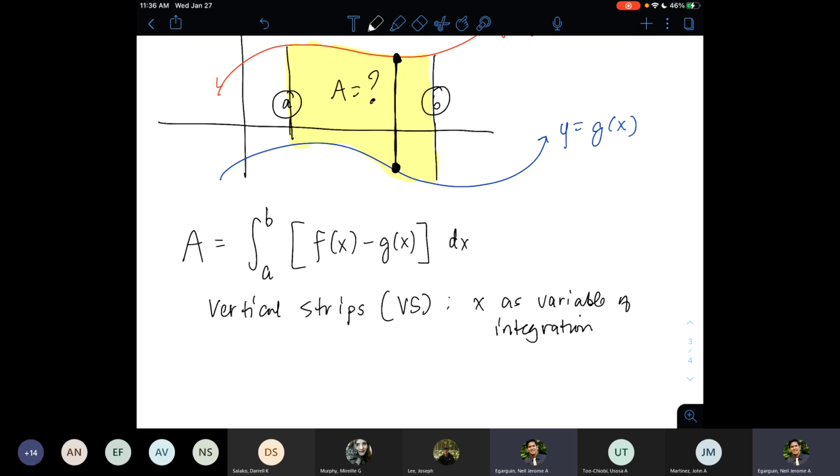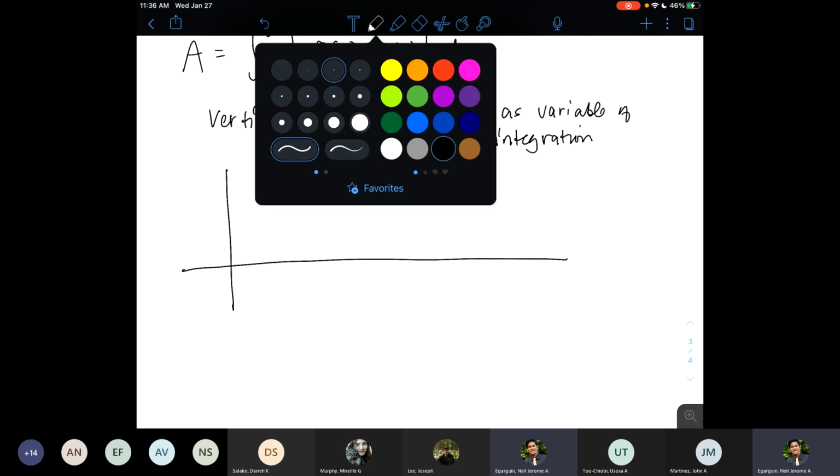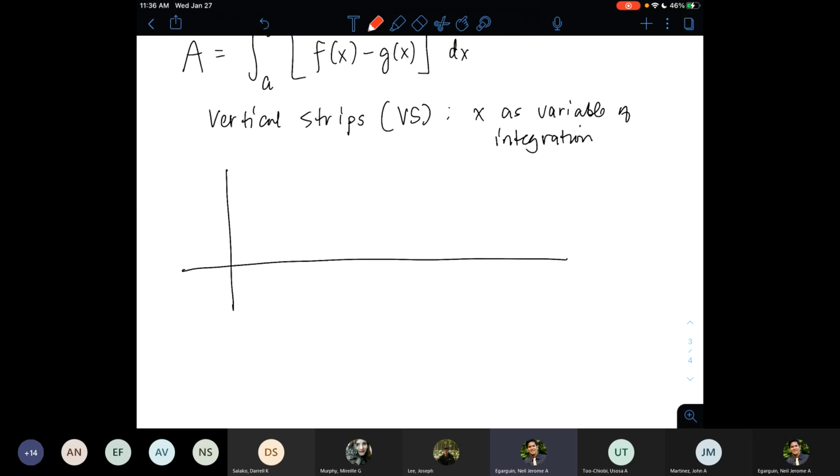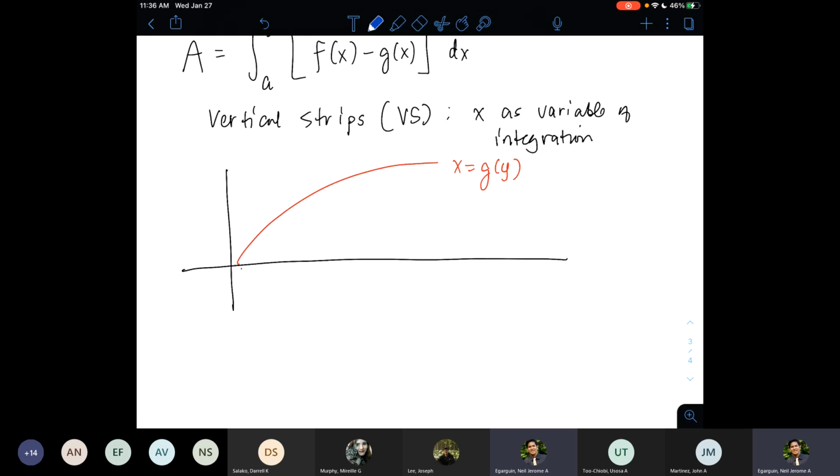Now, there's another version, but with horizontal strips involved. An example would be this. If I have, say, a function like this, right? So say this is x equals g of y, and then I have another function, maybe somewhere here, a wiggly function.